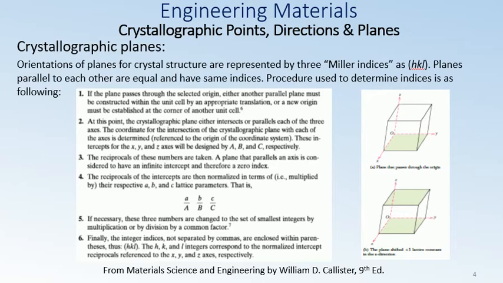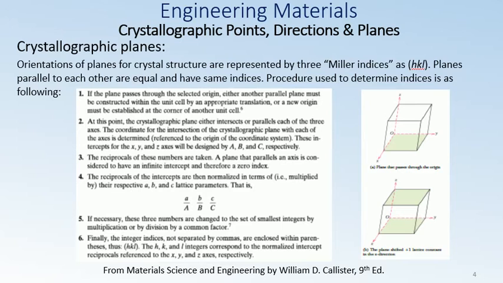For direction coordinates, again, these are coordinates obtained by subtracting tails from heads and reducing them to lowest integer values and keeping them in square brackets.